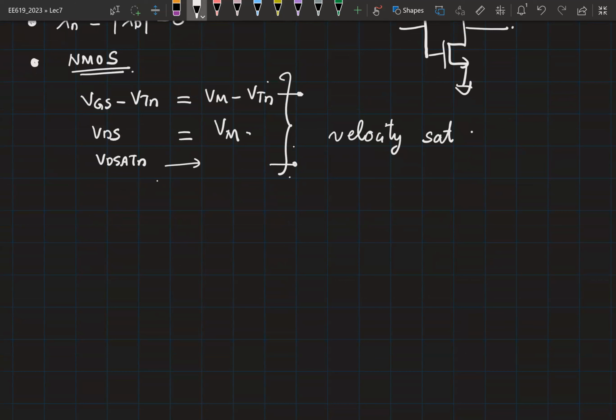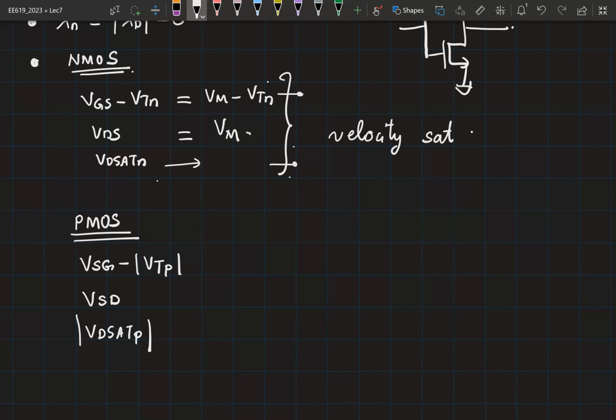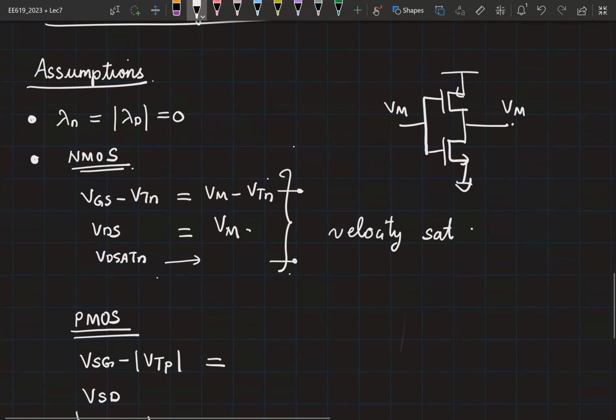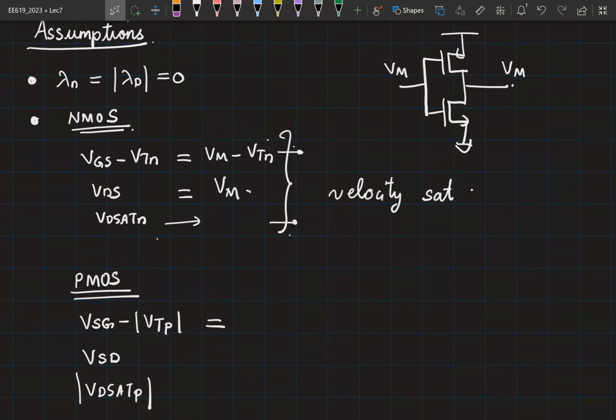Let's repeat the same exercise for the PMOS. Again, we have to look at 3 quantities: VSG minus mod VTP, VSD, and finally mod VD sat P. So what is VSG minus mod VTP? VSG is VDD minus VM, minus mod VTP.